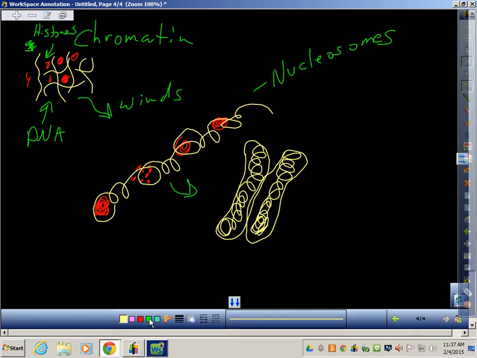Each structure referred to as a chromatid. And each chromatid is held together in the middle by a tight area that pinches them together. That is called a centromere.